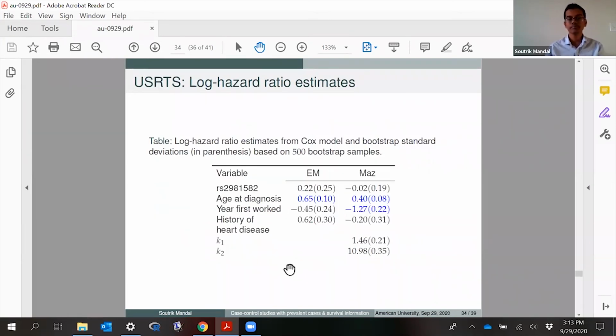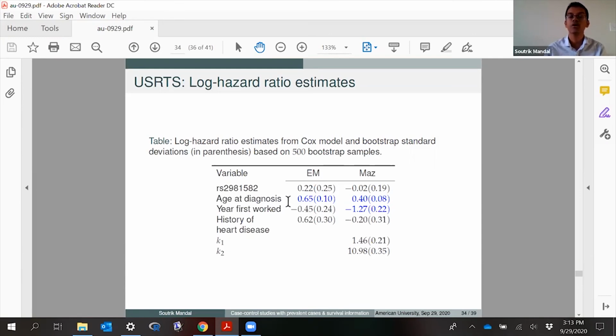So here are the log hazard ratio estimates. These are the step 1 estimates from our method, the EM, and the Mazier's method. In the parentheses, we have the standard deviations calculated based on 500 bootstrap samples. As you can see, the highlighted numbers are the significant variables.